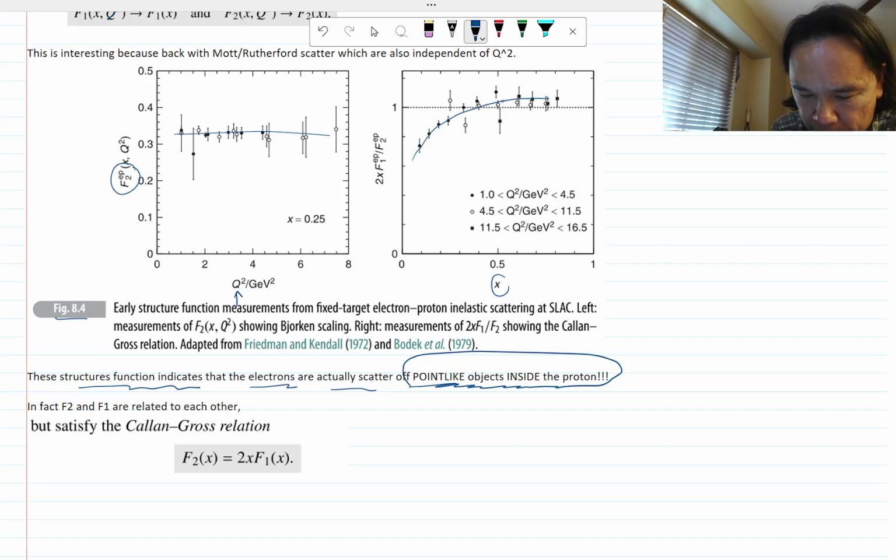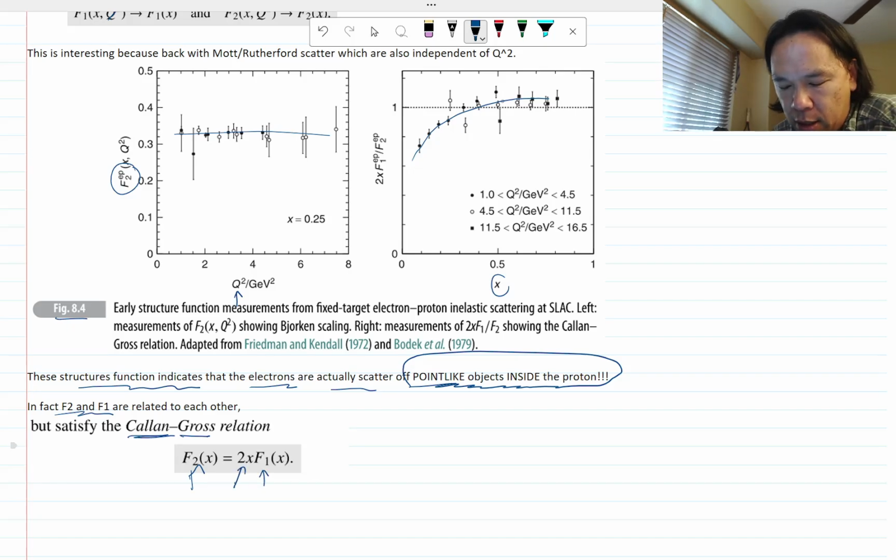In fact, F1 and F2 are related to each other through the Callan-Gross relation, where F2 can be calculated from F1 if you just multiply by 2 times x, the elasticity parameter. We're not going to call that the Bjorken variable yet. So essentially, in an experiment, if you measure F1, you can just calculate F2. All you have to do is measure F1.